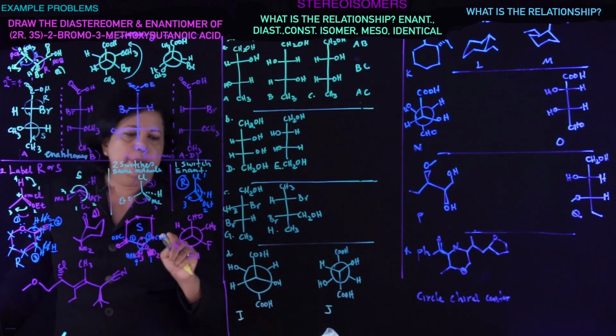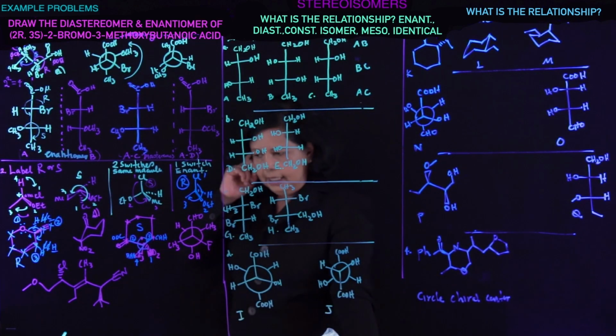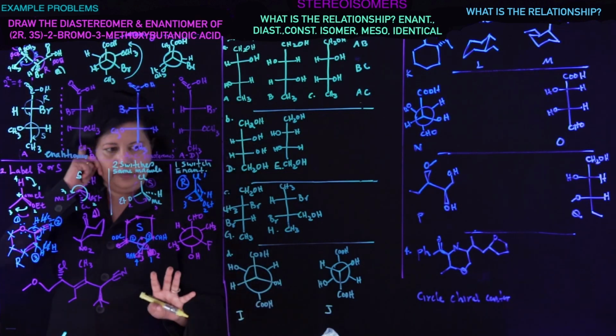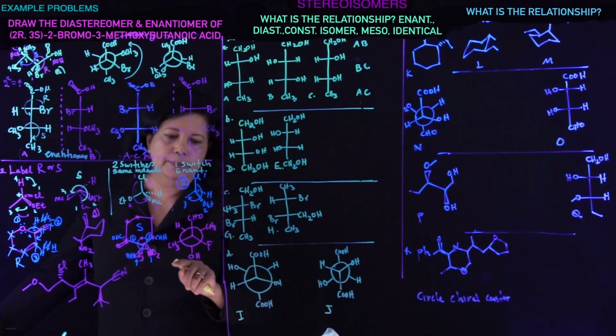So that's one way to do it, and that's probably what I would suggest, except right now I don't have space to draw the eclipsed and so on.